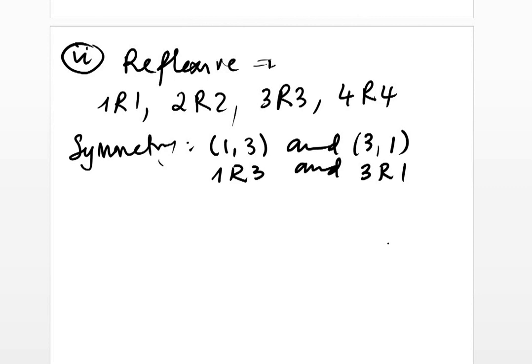Now we're going to look at the third property, which is transitivity. The transitive property means we have a, b, c belonging to the set that has been defined. If a relates b and b relates c, then we show that a relates c.